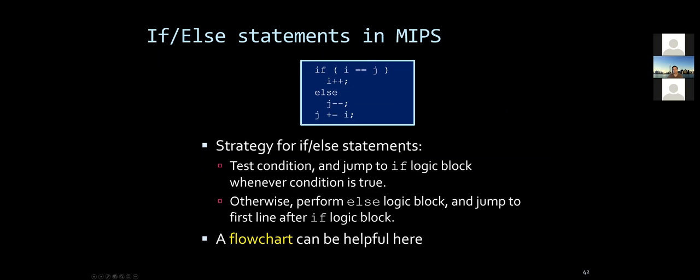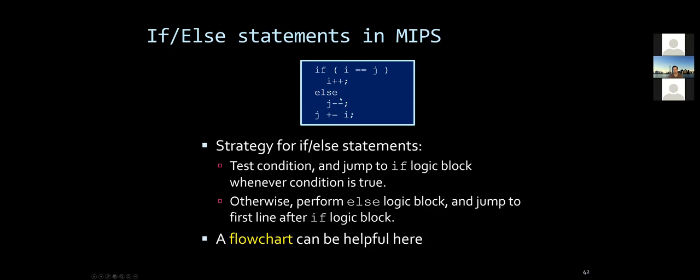The strategy for if statements is like that. You test the condition and you jump to the if logic block whenever the condition is true. So essentially, if this is true, then you go here. Otherwise, you perform the else block and jump to the first line after the if block, right?